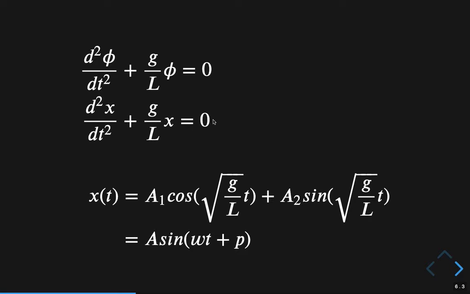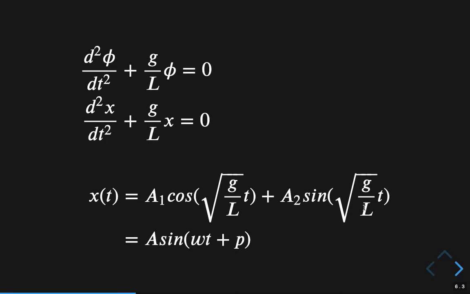And we solve this differential equation, and then we get that x is equal to A1 cosine times this and A2 sine times this. And we can observe that these two coefficients are the same.